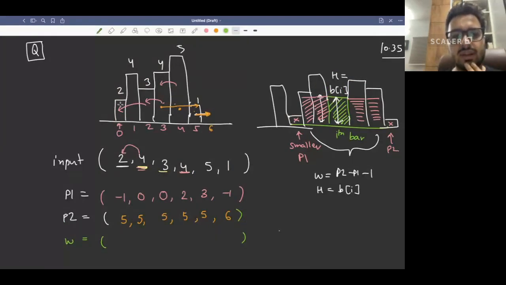The nearest element to 2, which is less than 2, is the element 1. Oh, okay. For 4, the nearest smaller should be 3. That's correct. For 4, the nearest smaller is at 3, which is at index 2. Good, thanks for pointing it out. So this will be 2, the second index.